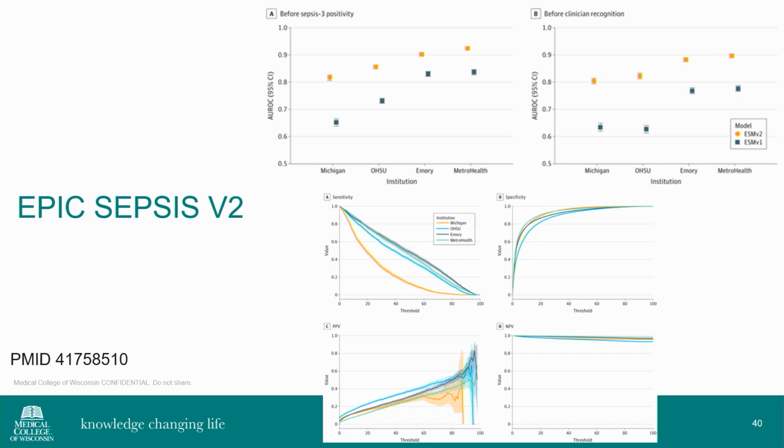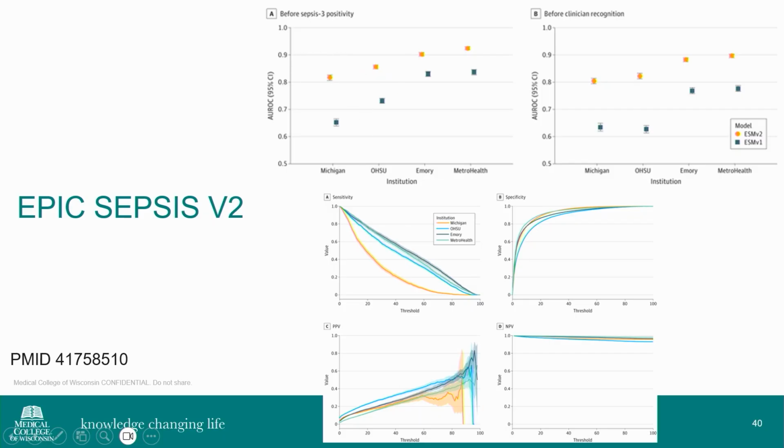If we look at a comparison of the performance of the Epic Sepsis 2 versus the Epic Sepsis 1 module, the good thing is, at least in 2026 data, we see actually much better outcome. So for Sepsis-3 prediction, overall at Michigan, Ohio State, Emory, and Metro Health, we see a significant improvement in the area under the ROC curve at each of these health systems.